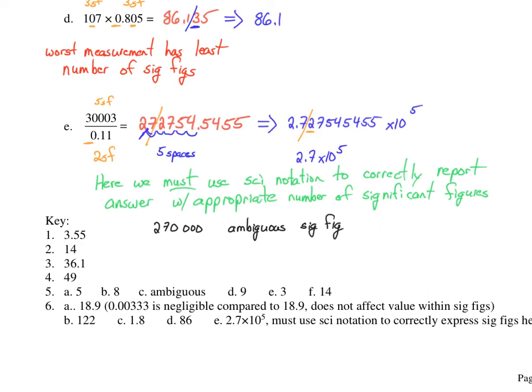These are trailing zeros and a number without a decimal point. If we tried to write this as 270,000 with a decimal point, this would indicate that there are 6 sig figs. These trailing zeros are in a number with a decimal point and therefore count as significant. So 6 sig figs, which is an incorrect number of sig figs.